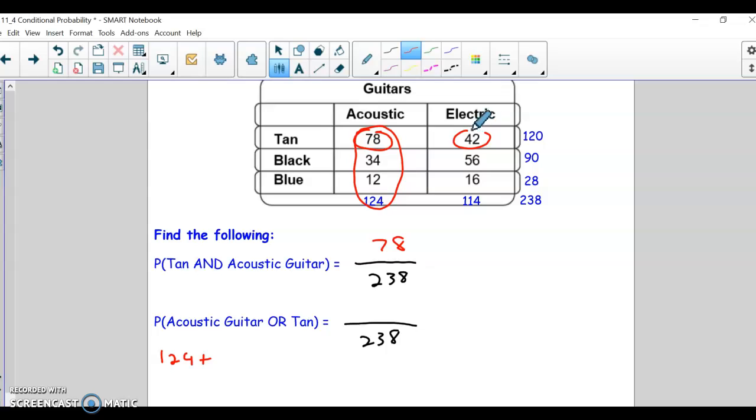So here's all my tan ones, but I really only have to add in the ones I haven't counted yet, which is 42, right? So that would be 166. So probability it's acoustic or tan is 166 out of 238 total guitars.